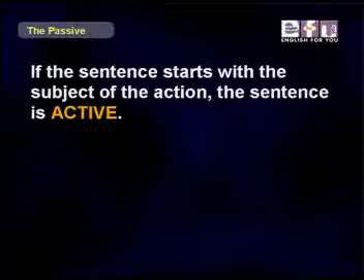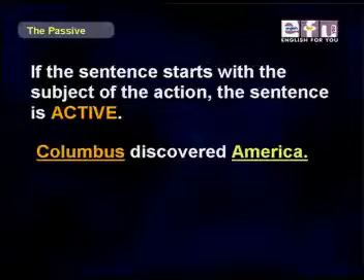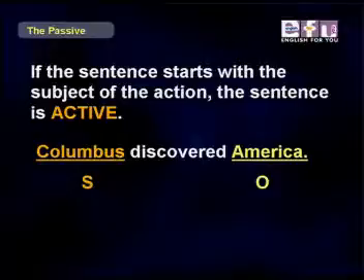All right, so remember, if the sentence starts with the subject of the action, the sentence is active. Example, Columbus discovered America. So Columbus is the subject. We're starting with the subject, so it's an active sentence.